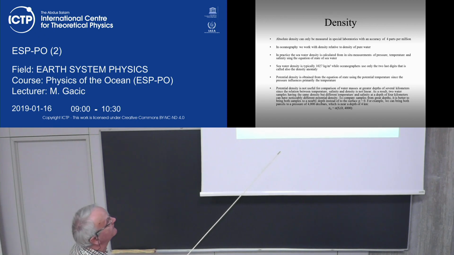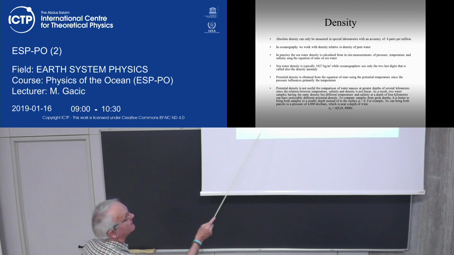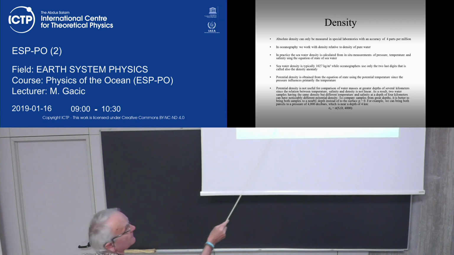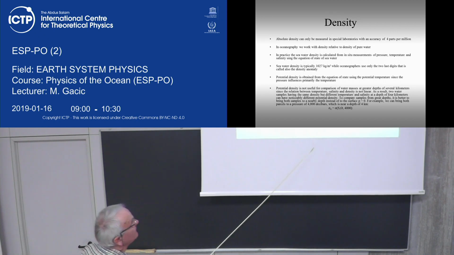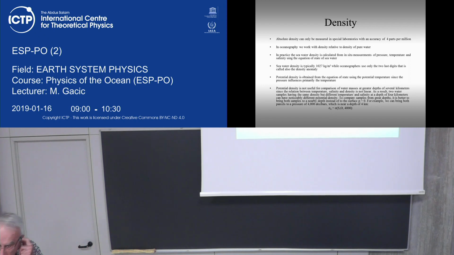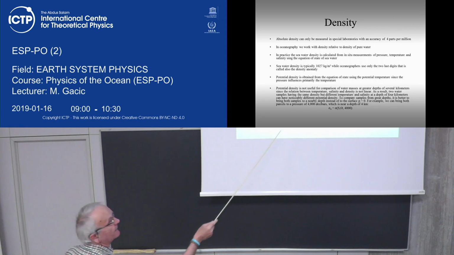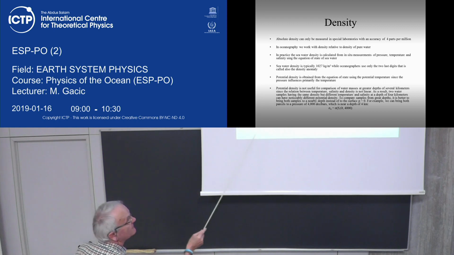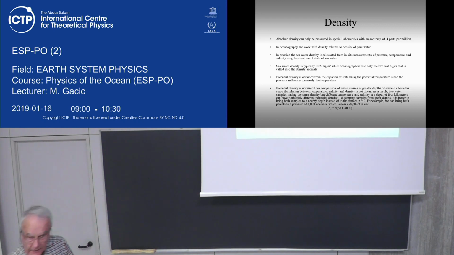Potential density, again, we are now coming back to potential density, where, from the equation of state, we use the potential temperature instead of the in situ temperature, and then we obtain the potential density, because the pressure obviously influences primarily the temperature, but then influences also the density.